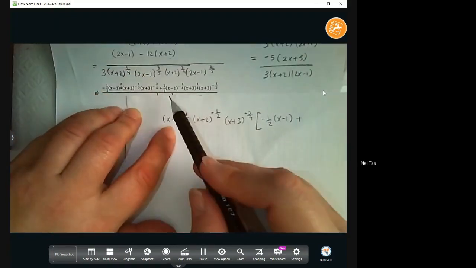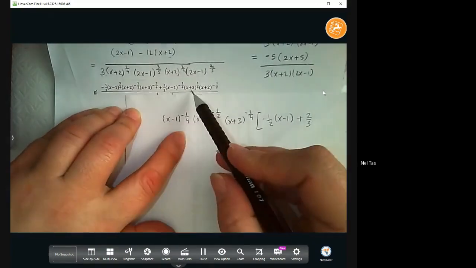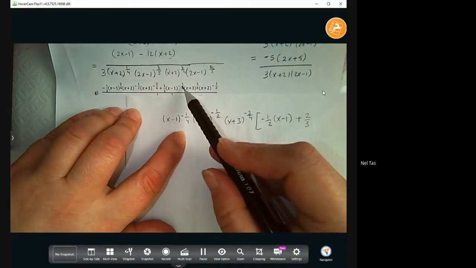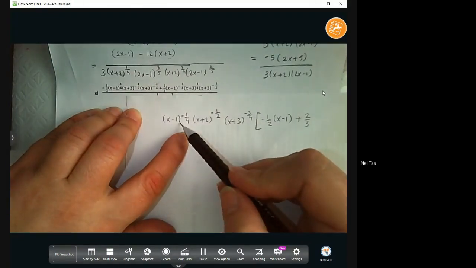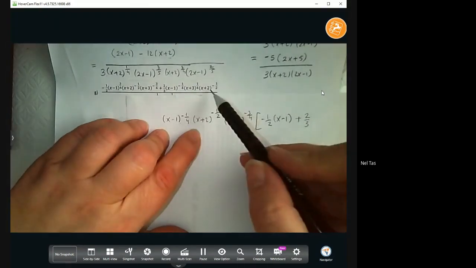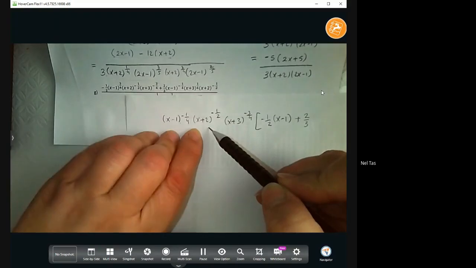We have 2 over 3 times x minus 1 to the power of negative 1 over 4 divided by x minus 1 to the power of negative 1 over 4. Gone. x plus 2 to the power of negative 1 over 2 divided by x plus 2 to the power of negative 1 over 2.